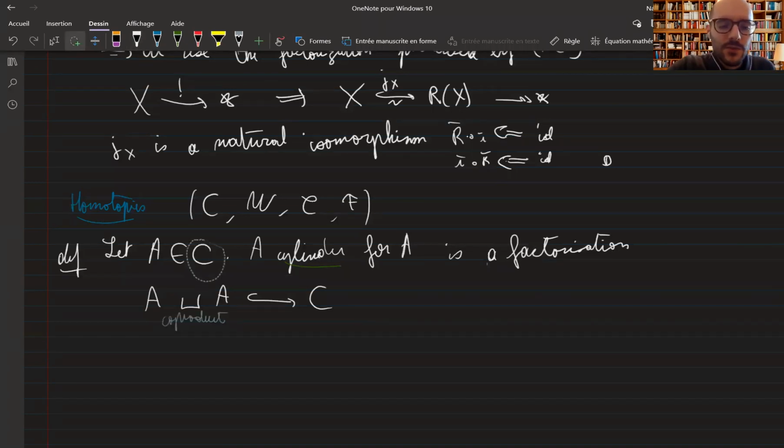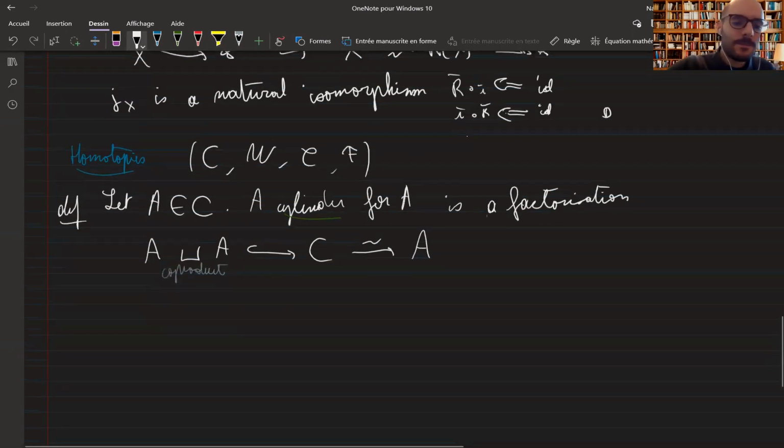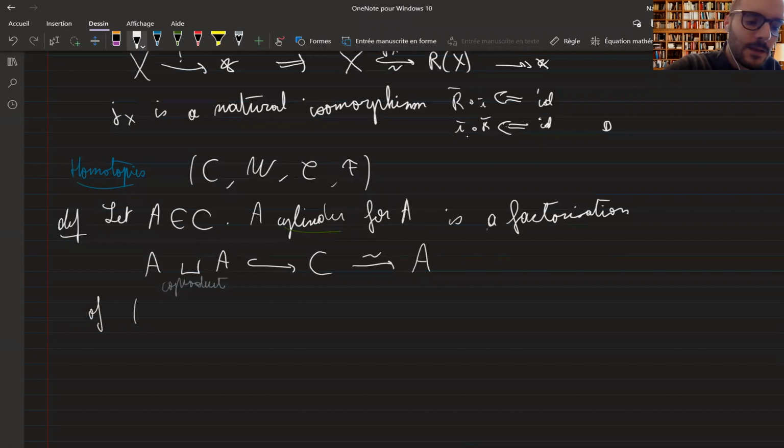Hopefully we do not confuse this C with the C for the category. Followed by a weak equivalence into A of the map from the coproduct to A itself, which is like the co-diagonal.